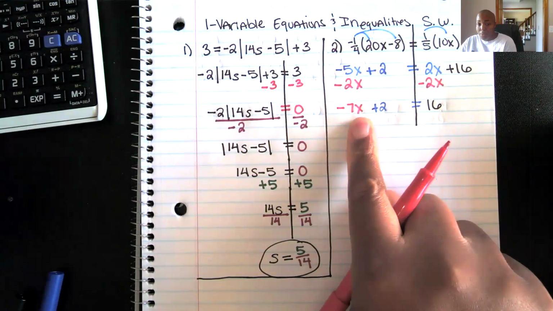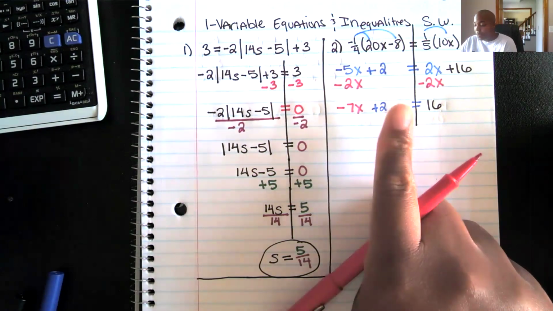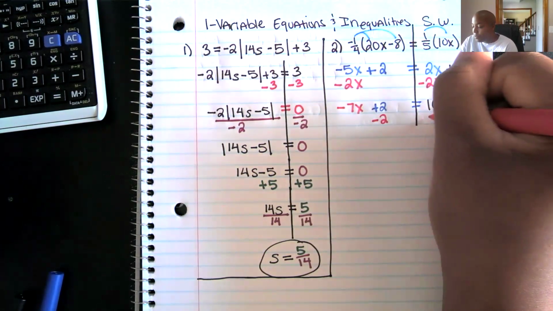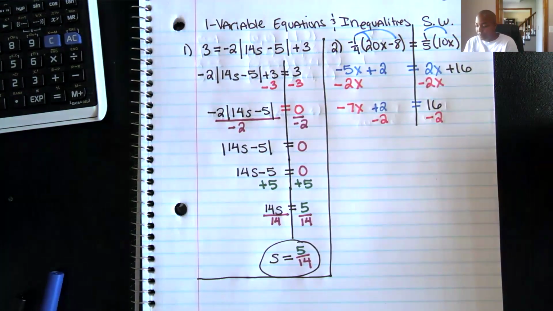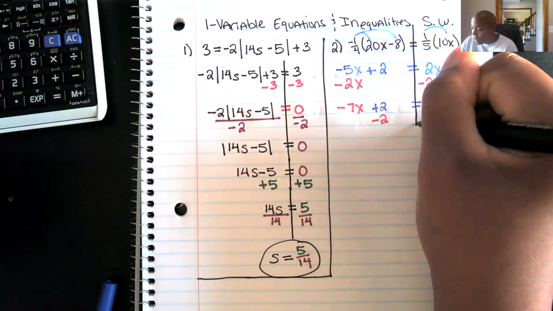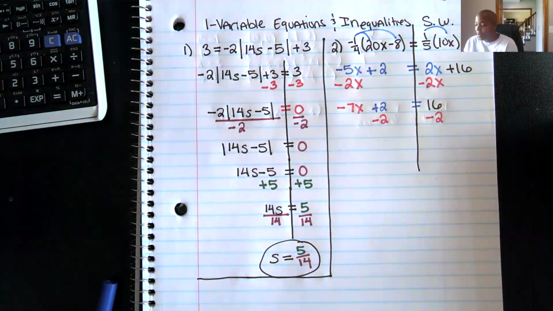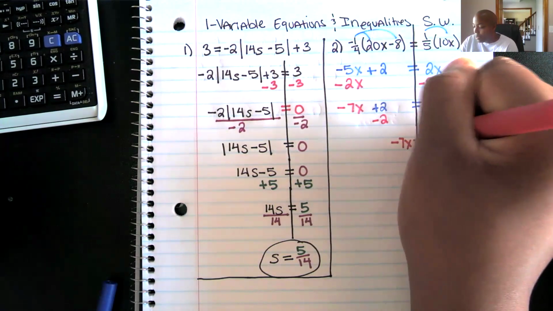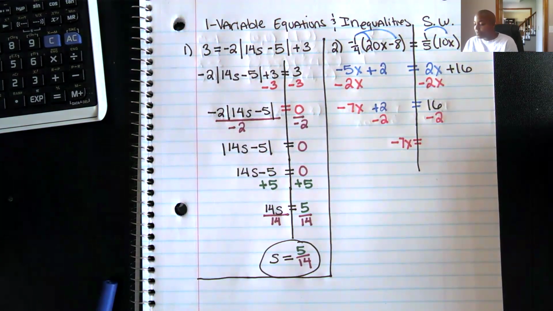We want to keep the variable term on the left side, so we're going to get rid of the 2. Opposite of +2 is -2. Make my line a little bit longer. 2 minus 2 is 0, so they cancel out. My -7x comes down, but I'm going to bring it closer to my line.